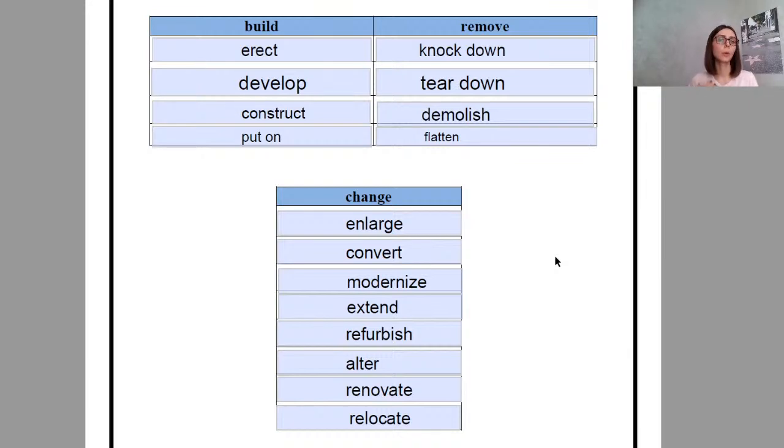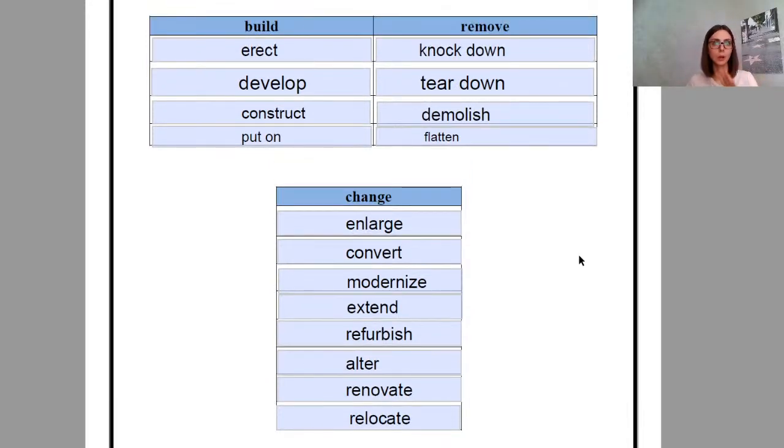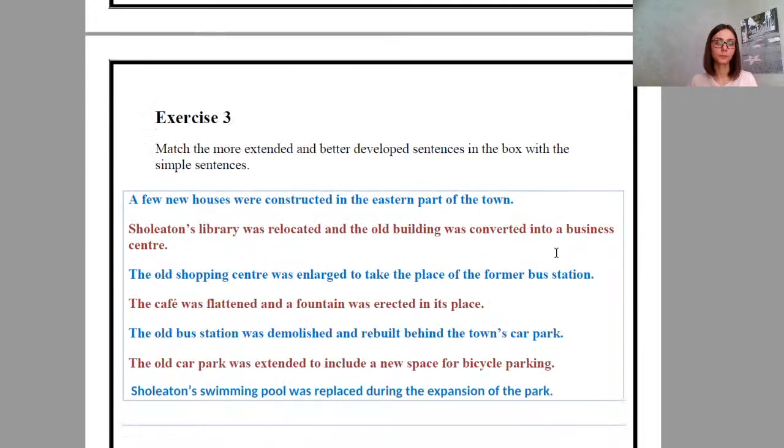Instead of using remove all the time, you can say knock down, tear down, demolish, and flatten. Instead of saying change, you can use the words enlarge, convert, modernize, extend, refurbish, alter, renovate, or relocate. So I hope that you remembered all these verbs. All right, so let's move on, guys.